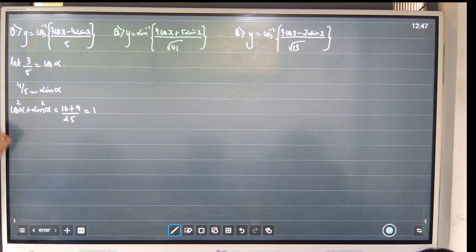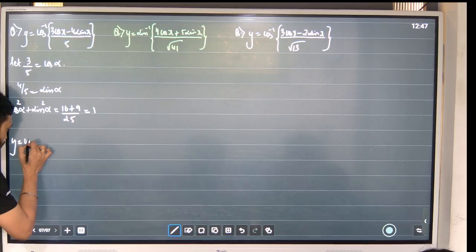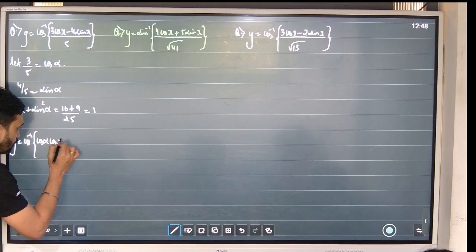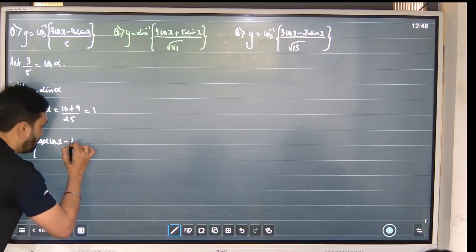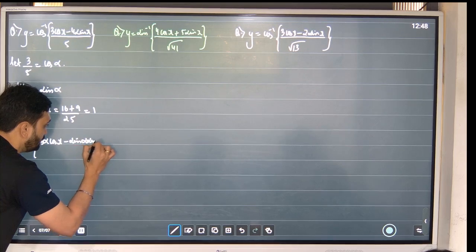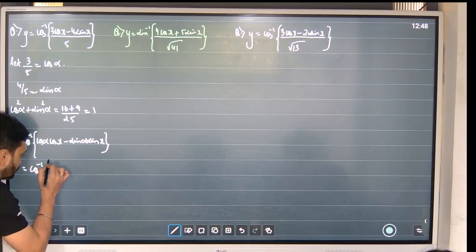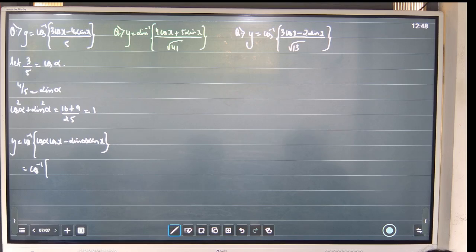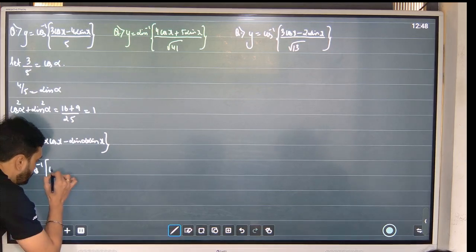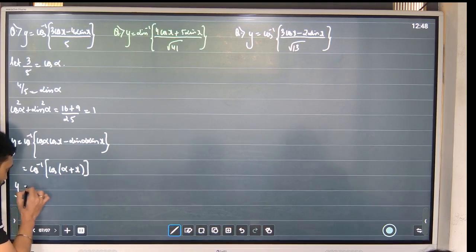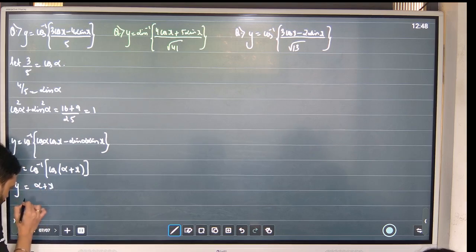So since my assumption is correct, I will write y is equal to cos inverse of cos alpha cos x minus sin alpha sin x, which is the formula for cos A cos B minus sin A sin B, which is cos of A plus B. Therefore y is equal to cos inverse of cos of alpha plus x, which is alpha plus x, and the derivative will become 1.